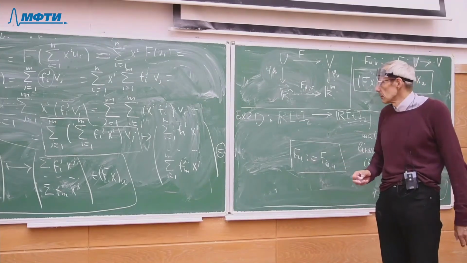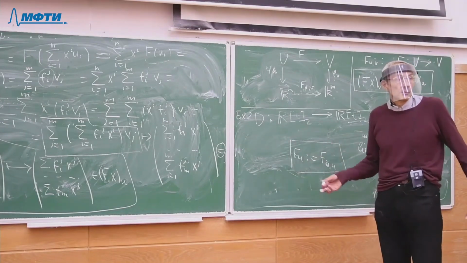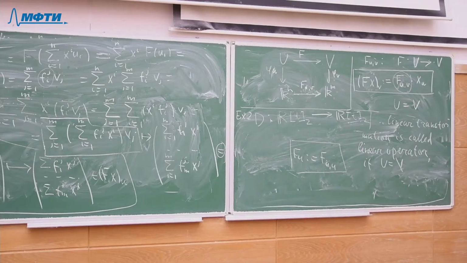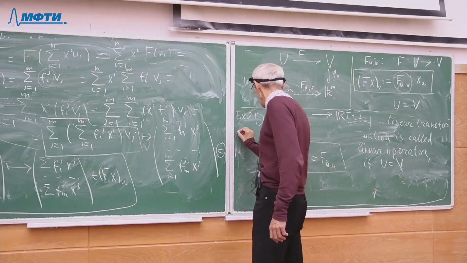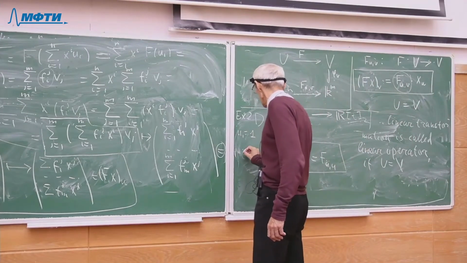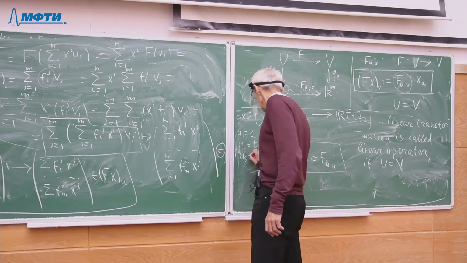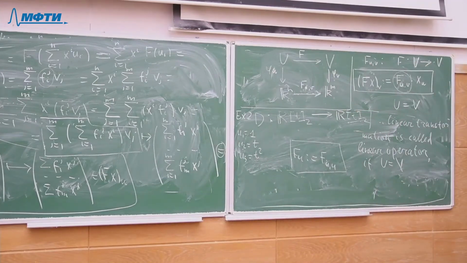It is easy to see that the basis of monomials works: u1 is equal to 1, u2 is equal to t, u3 is equal to t squared. And what is the rule?